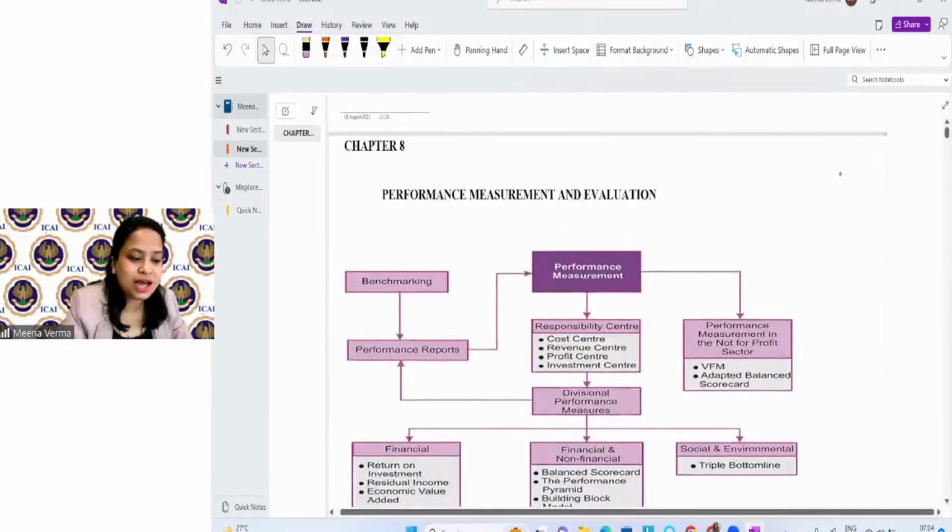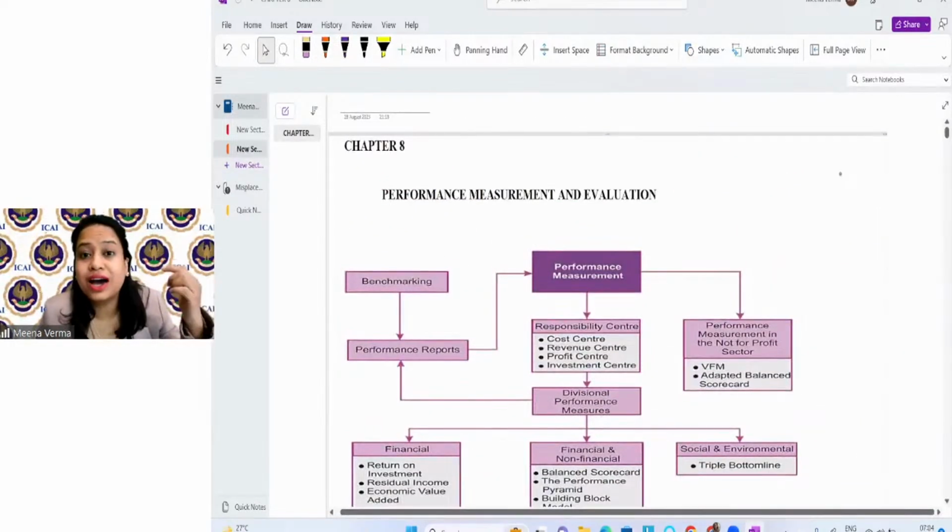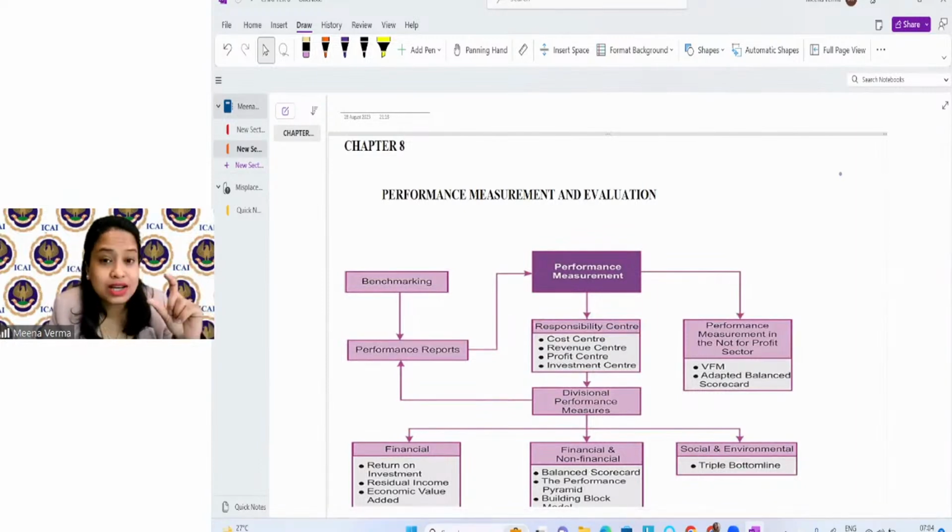So the point is that you will measure how well you have achieved all these things: how much customer satisfaction has increased, how much customer loyalty has increased.